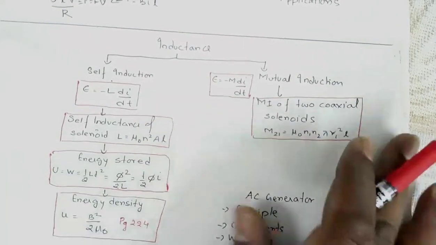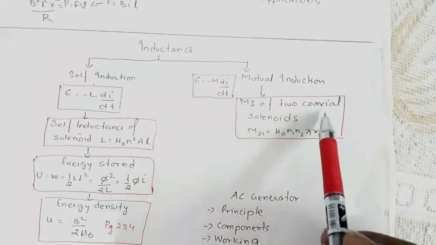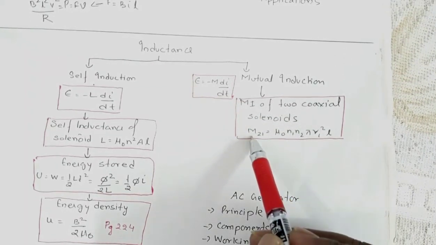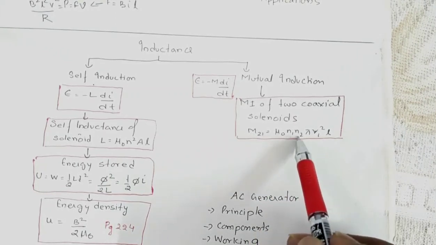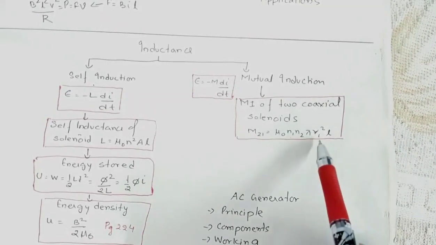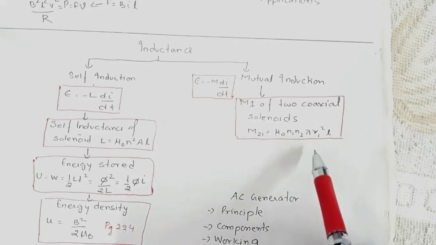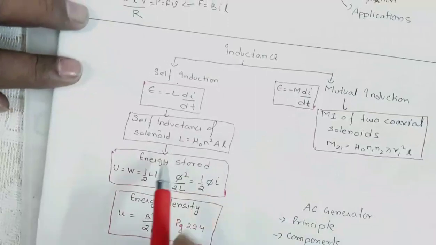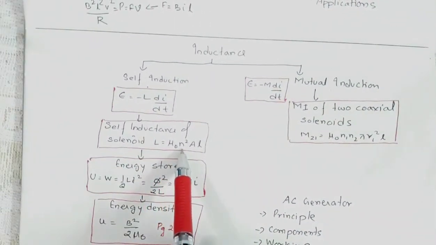Then for mutual inductance, you may be asked to calculate the mutual inductance of two coaxial solenoids. The expression is M21, the mutual inductance between coil 2 and 1, equal to mu naught N1 N2 pi R1 square into L, where L is the length, R is the radius, and N1 and N2 are the turns in the two coils. Then you have the self-inductance of a solenoid. It is given by mu naught N square AL.